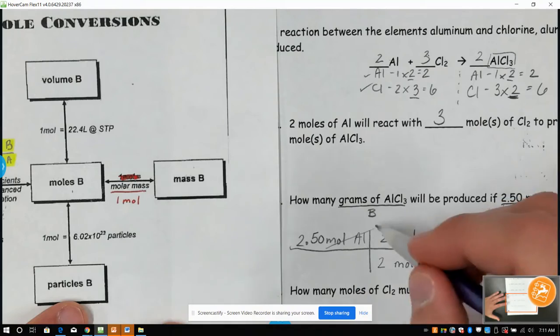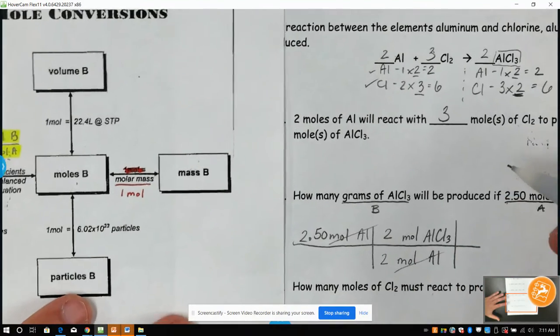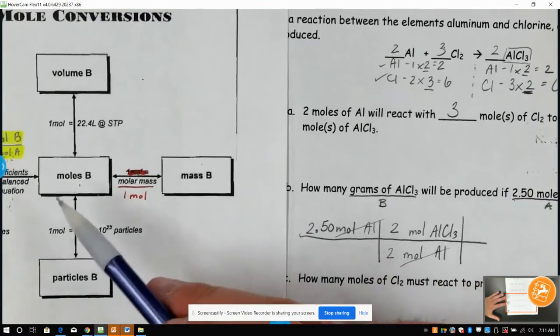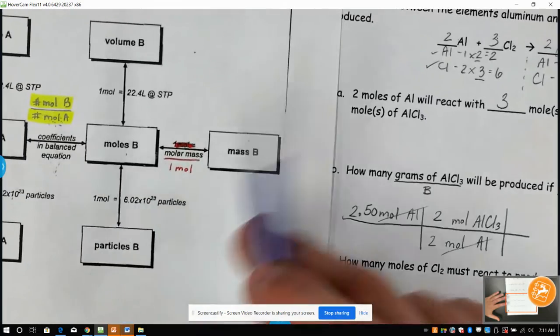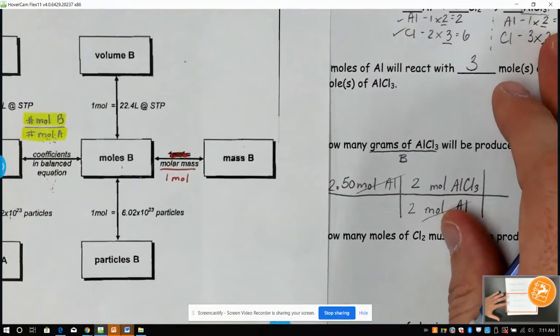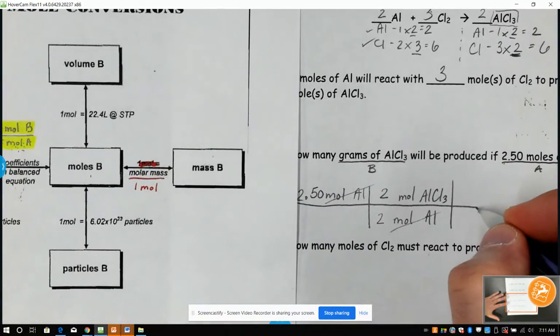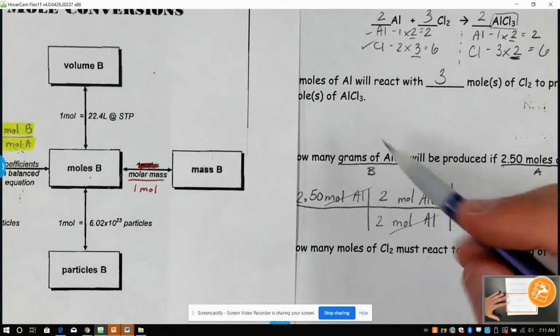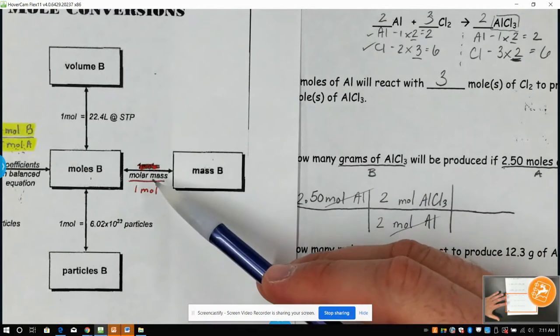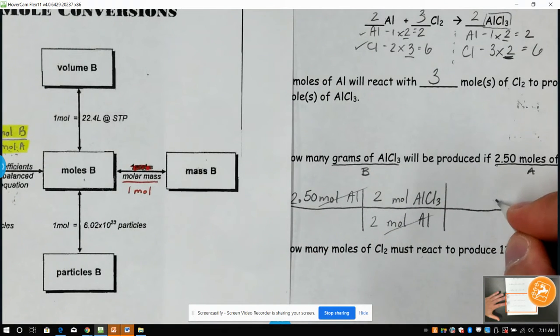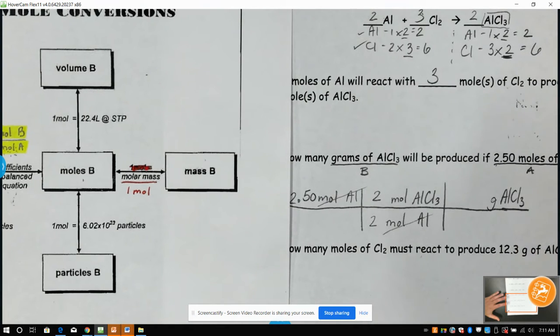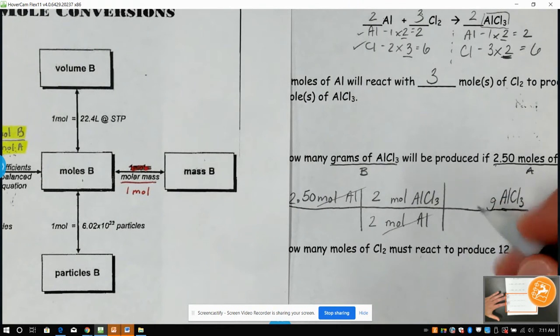So we would be left currently, if we stopped right here, with moles of aluminum chloride. But we have to get over here. So because we want grams of AlCl3, that needs to be on top in the conversion. Grams AlCl3. And on bottom, we need to have moles.